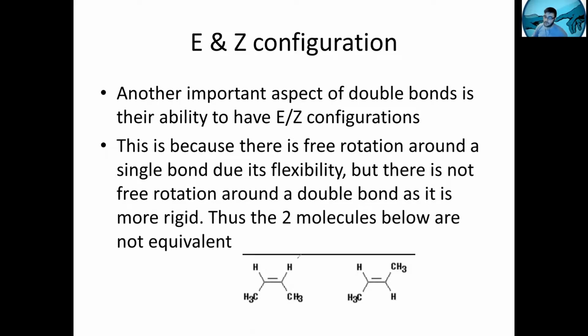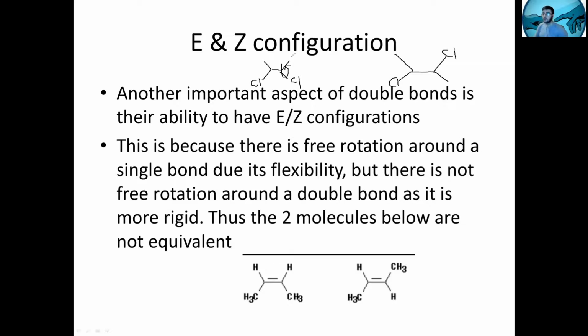So if you had something like this, this can really be the same as this, because around single bonds like this, you can just have free rotation. These can be rotating and flipping and moving around, and you can move the Cl up, you can move it down, on either side, any way you want, because around a single bond there's free rotation.